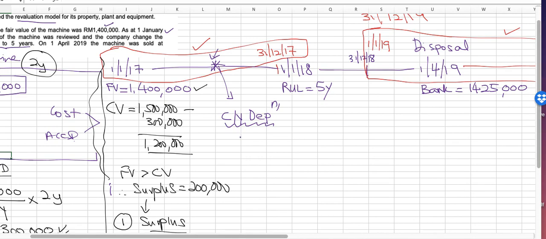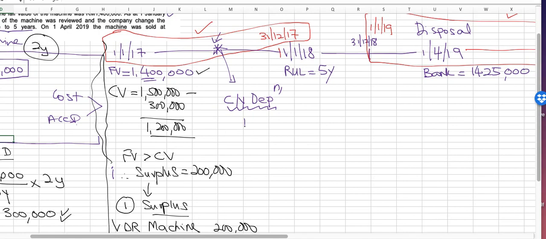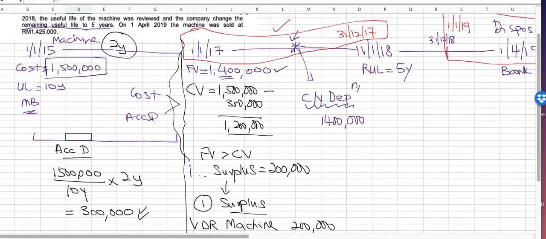So revaluation means the revalued amount less the subsequent accumulated depreciation less subsequent accumulated impairment loss. Alright, so in this case, what is the revalued amount? This is 1.4 million, the fair value. We take 1.4 million to calculate the subsequent depreciation. We do not take the original cost here, no. Because we have revalued the asset.